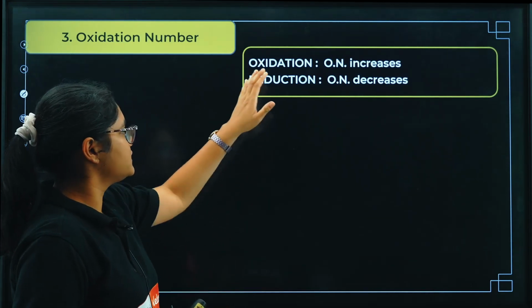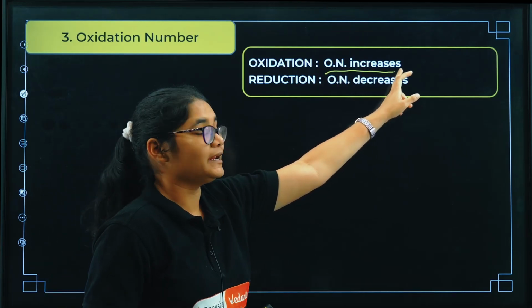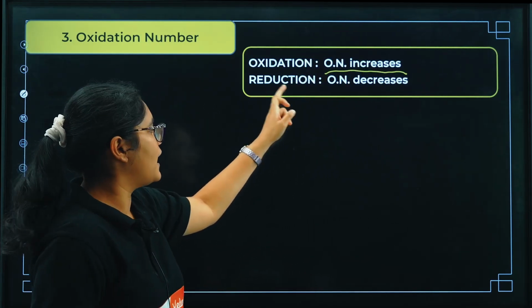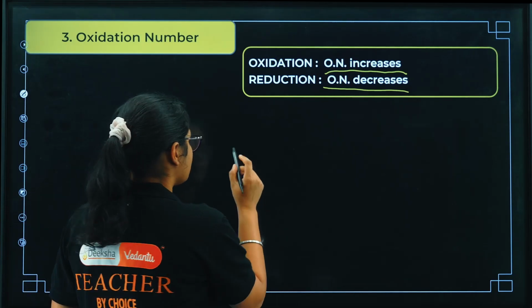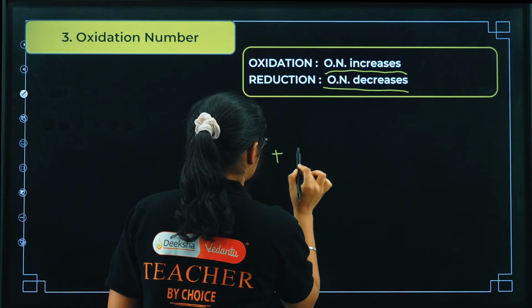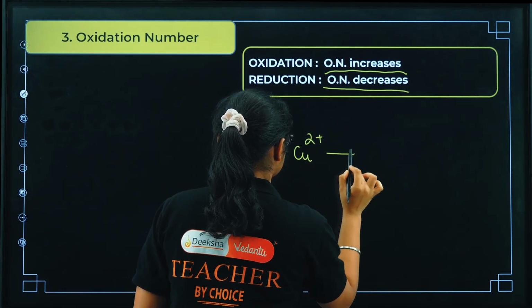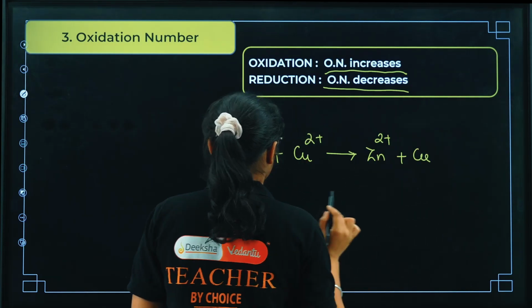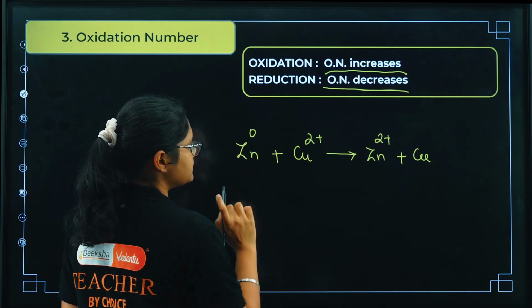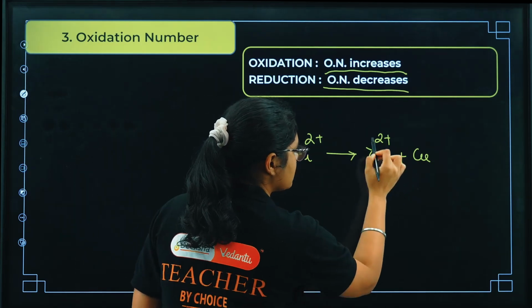Next, how to determine oxidation and reduction based on oxidation number. When the oxidation number increases it is oxidation, and when the oxidation number decreases it is reduction. For example, in the example that we saw, Zn plus Cu2+ gives you Zn2+ plus Cu. Now see, the Zn oxidation number is 0 and the Zn2+ oxidation number is +2.